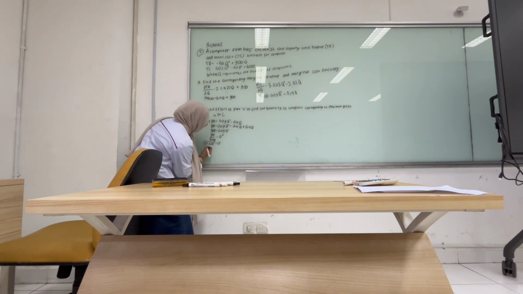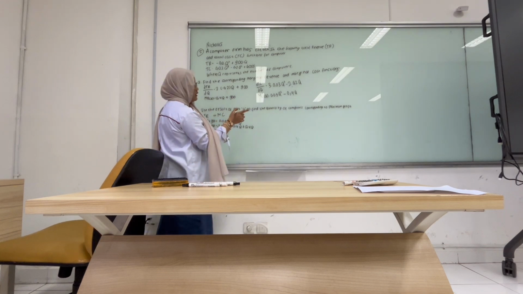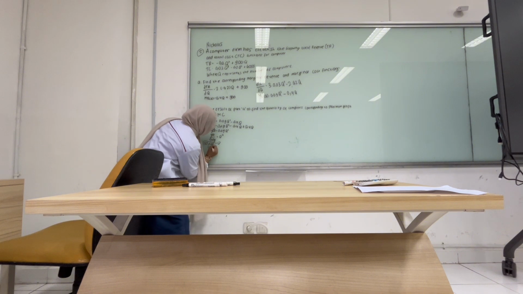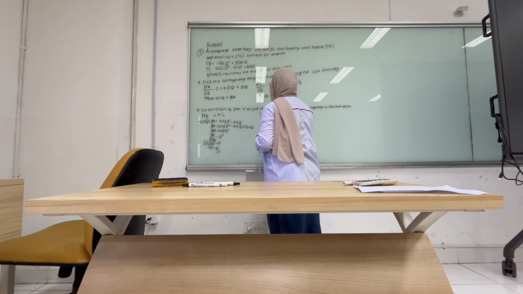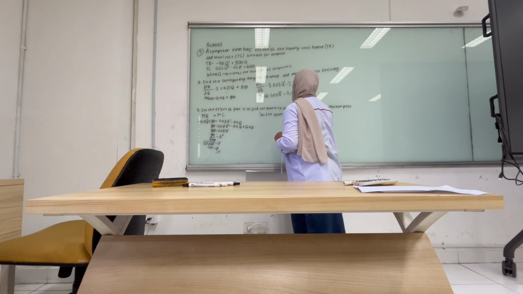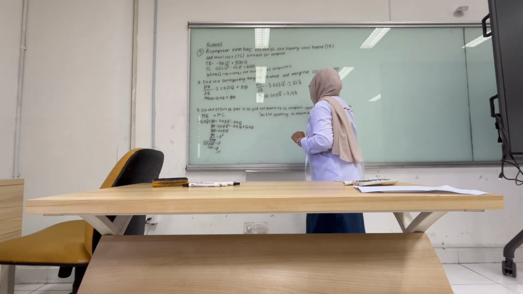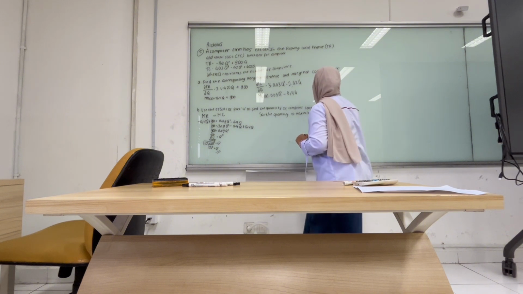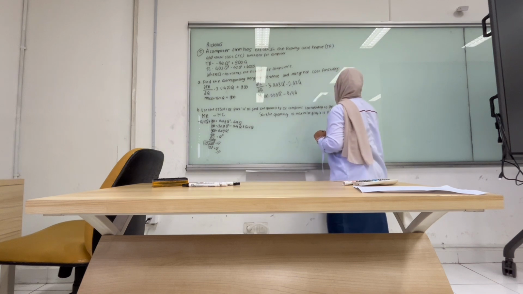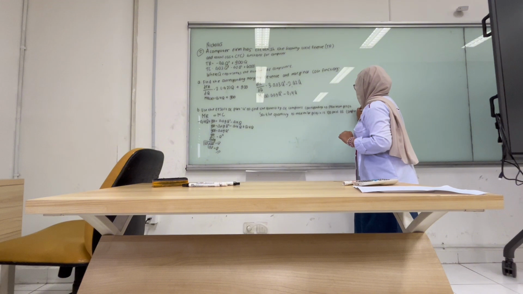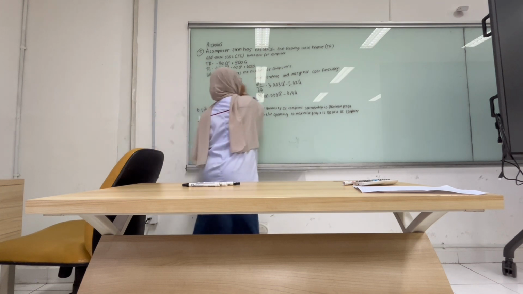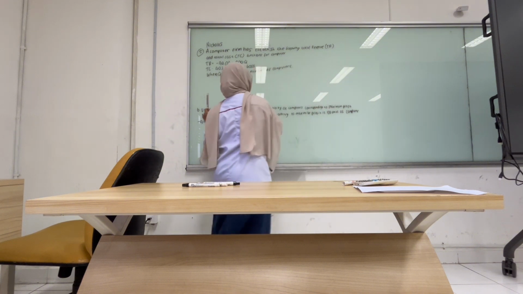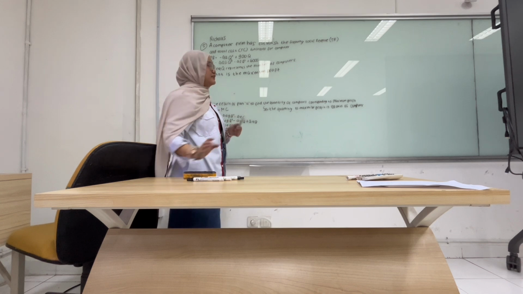So it will be only Q. So the quantity of computers corresponding to maximum profit is 100 units of computer. Then we will find the price.